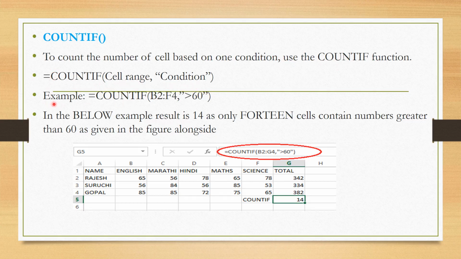See, the actual example is equal to countif B2 colon F4, a cell range, comma, greater than 60 is a condition. In the below example, the result is 14.